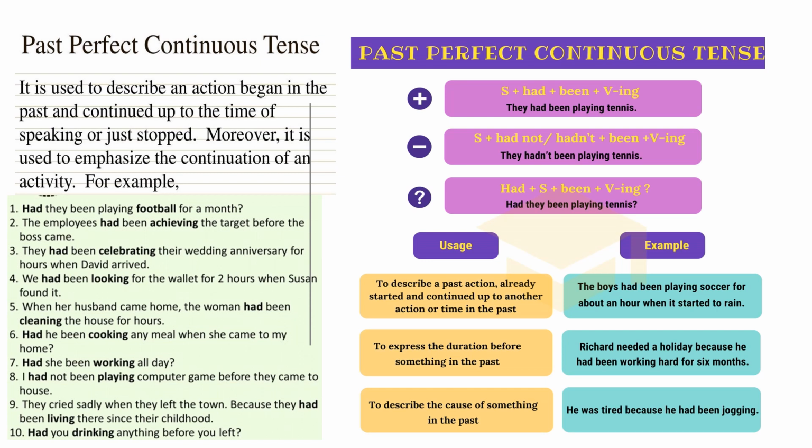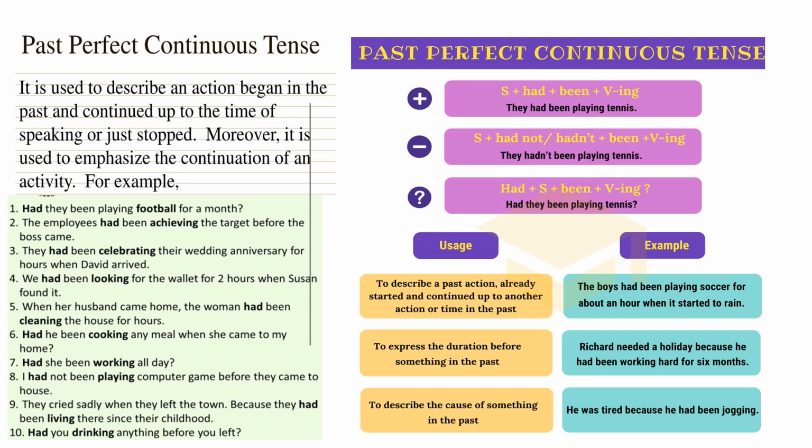Past perfect continuous tense describes an action which began in the past and continued up to the time of speaking or just stopped. Moreover, it is used to emphasize the continuation of an activity.